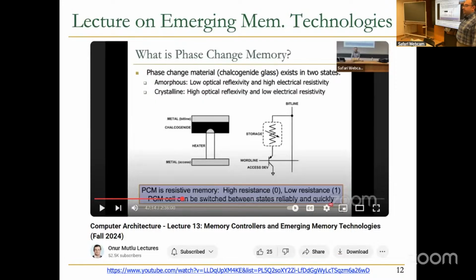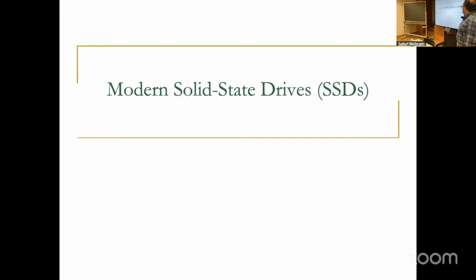If you want to learn more, I would suggest that you check this very recent lecture that we had in computer architecture last semester, where we went into more detail of such architectures. But now I'd like to get to modern storage, solid-state drives, which use flash memory as one of the main memory units.